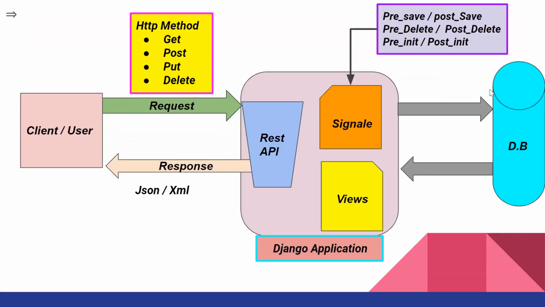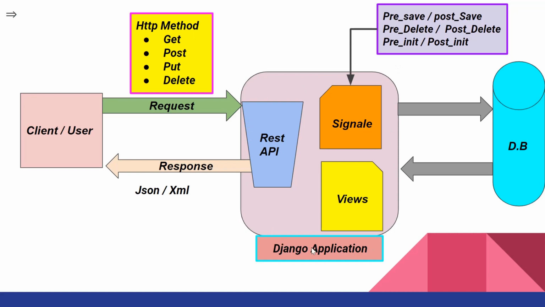This is a diagram of a signal. Firstly, a client or user sends a request using an HTTP method like POST, PUT, or DELETE. This is the REST API request, which goes to views.py in the Django application.